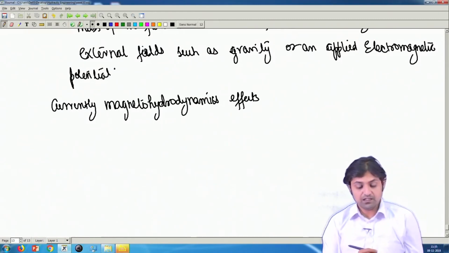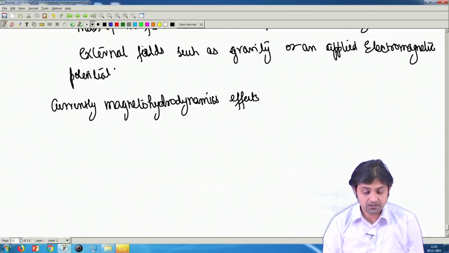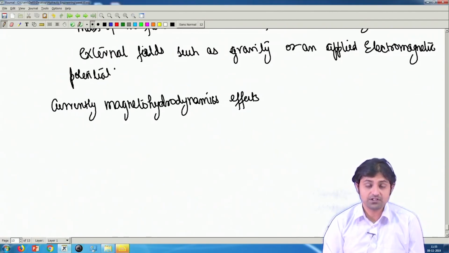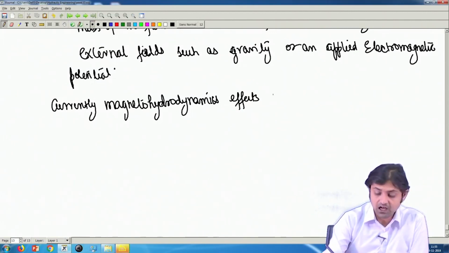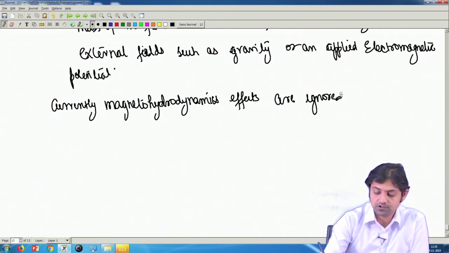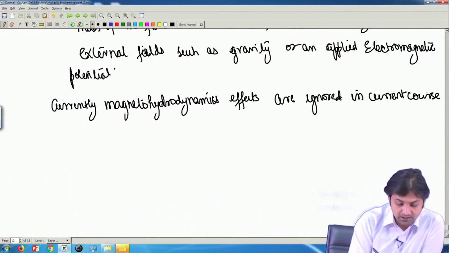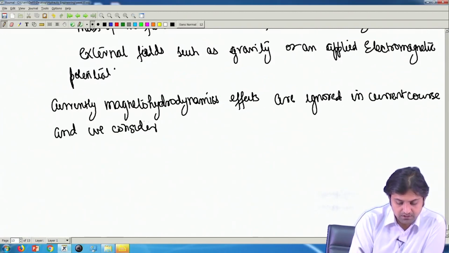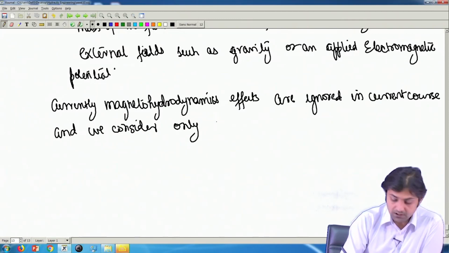So magnetohydrodynamics, hydrodynamics is fluid dynamics for example, and which is caused by the magnetic force. So these types of forces, magnetohydrodynamic effects, are ignored in the current course, current module basically, and we consider only the gravitational body forces.